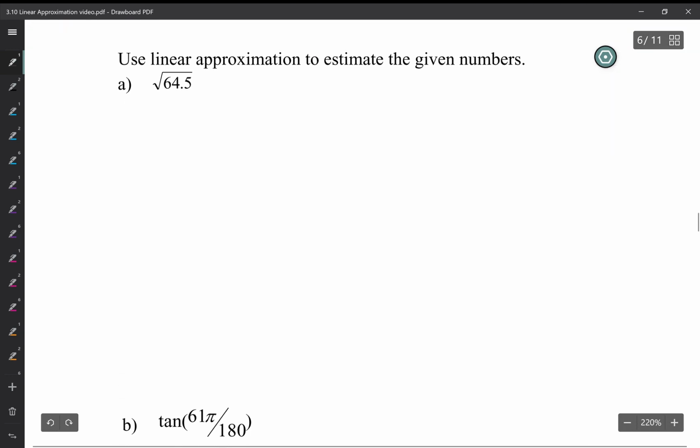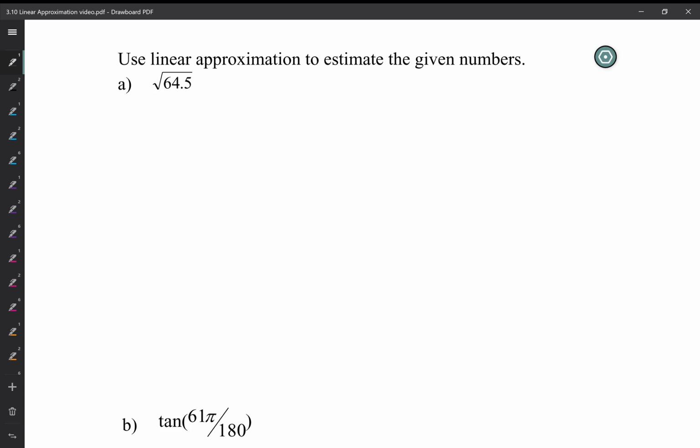Let's see how to use these in order to find linear approximations. If we're trying to approximate the square root of 64.5, that means that we're looking at x is equal to 64.5.